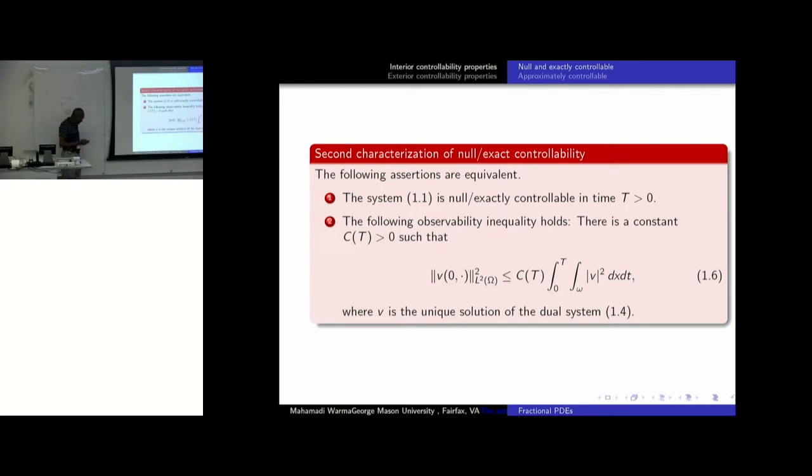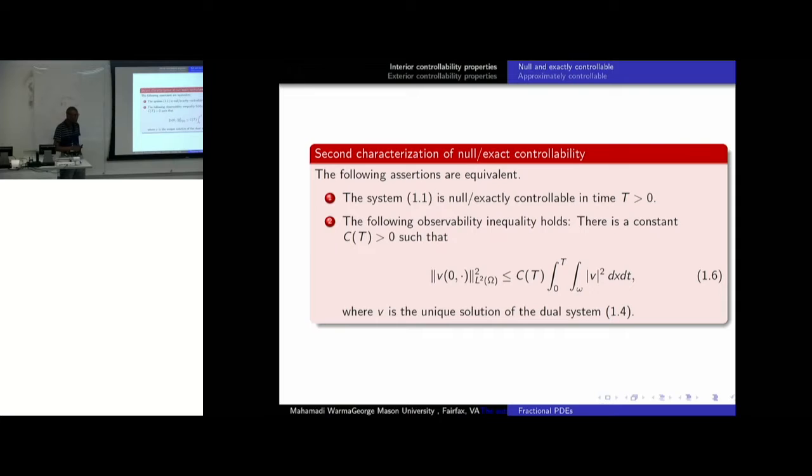Another important thing that one sees: null controllability in time T is equivalent to what we call the observability inequality. Which means that there is a constant C such that if v is the solution of the adjoint, the backward system, then the L2 norm squared of v at 0 is less than this integral on the control region of v squared.